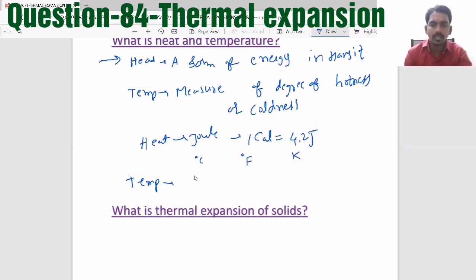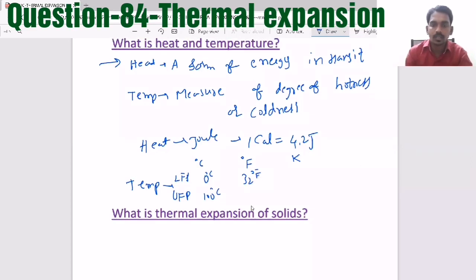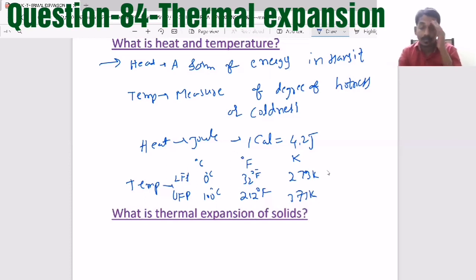In every scale, there is a lower fixed point and an upper fixed point. Like in Celsius scale, 0 degree Celsius and 100 degree Celsius. In Fahrenheit, 32 degree Fahrenheit and 212 degree Fahrenheit. And here 273 Kelvin and 373 Kelvin. This is just like ice point and steam point.